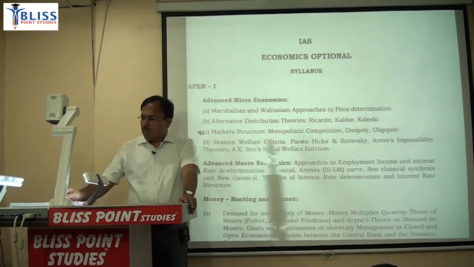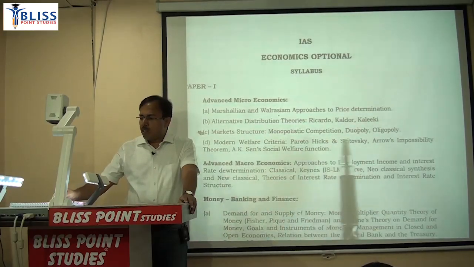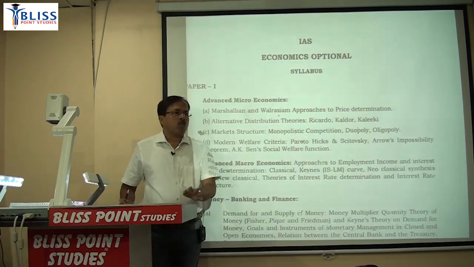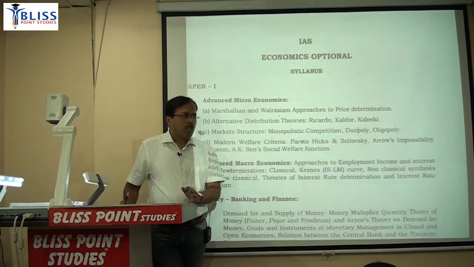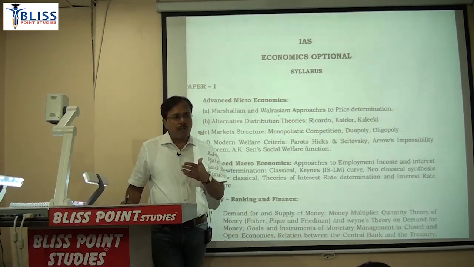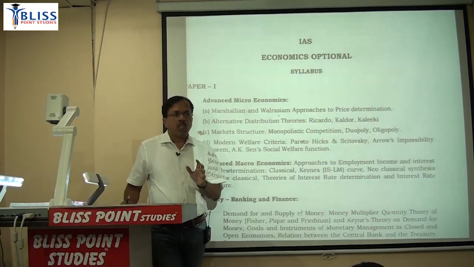In market structure, what is mentioned is monopolistic competition, duopoly and oligopoly, and these are markets for goods. But this will also include the factor market, and market failure. Those things are not written.